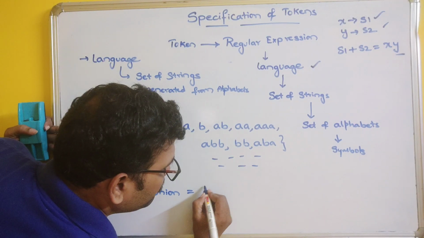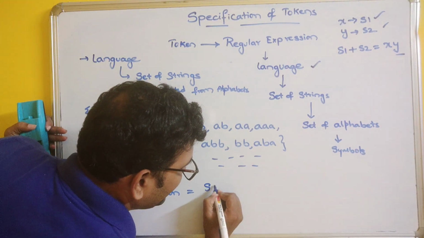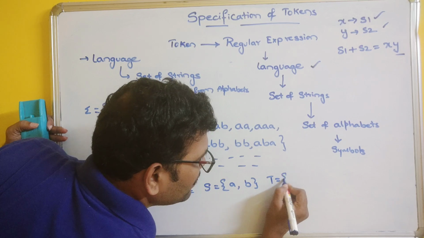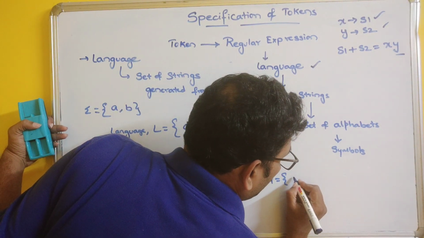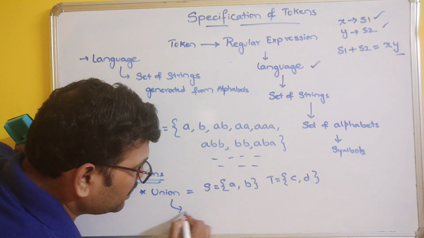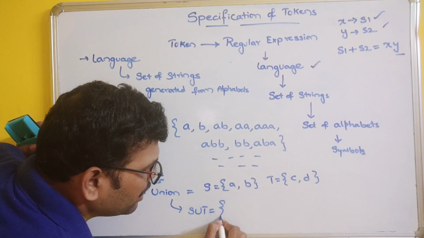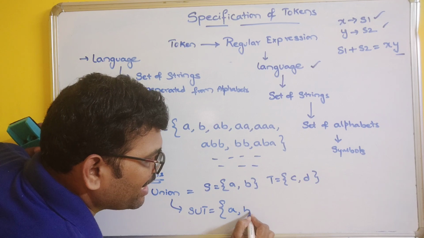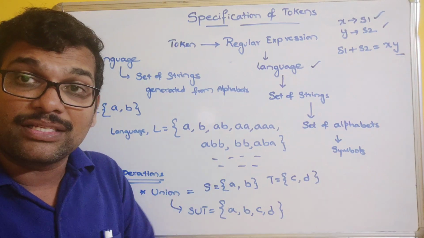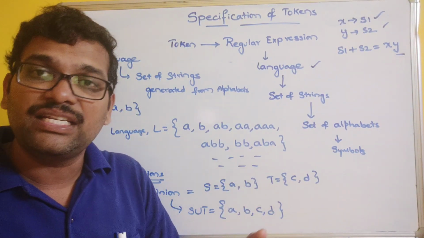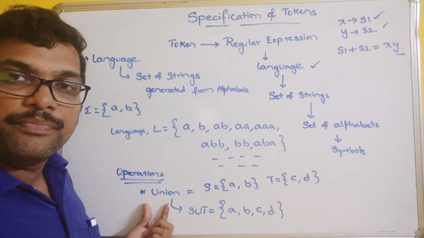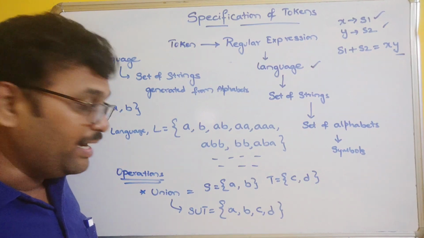For example, if S has the language A, comma B, and T has the language C and D, then the union operation S union T will be the combination of both languages: A, B, C, D. Whatever strings are available in this language and in that language, both come with the union operation.